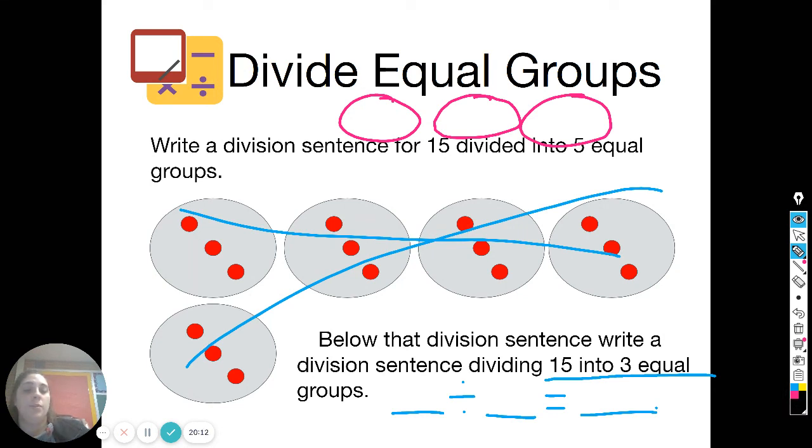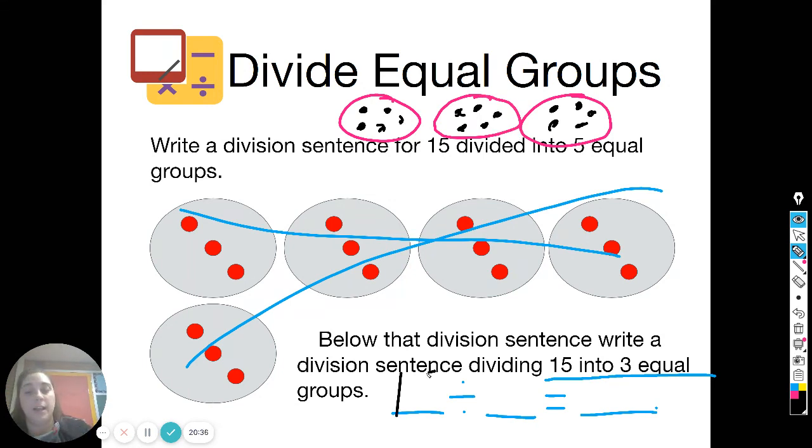Okay, so let's go ahead and put dots in each group until we get to 15. 1, 2, 3, 4, 5, 6, 7, 8, 9, 10, 11, 12, 13, 14, 15.